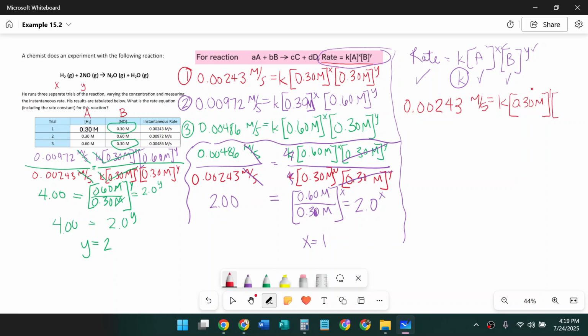And then we're going to put our molarity in for the NO, which for trial 1 is 0.030 M, and y, our order for this one, was 2. Let's rearrange. We're going to say k equals 0.00243 M per s, and these 2 numbers are going to go to the other side and get divided underneath here. So I'm going to just use parentheses.